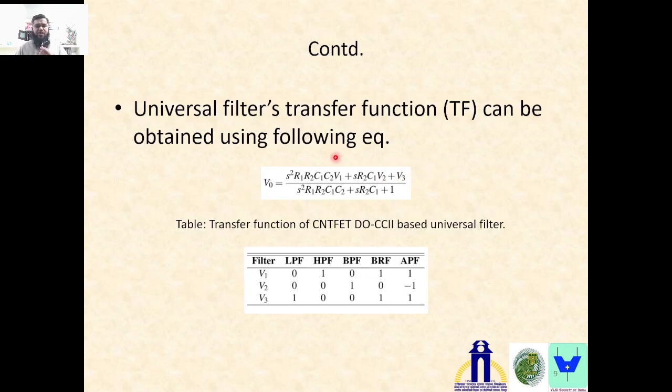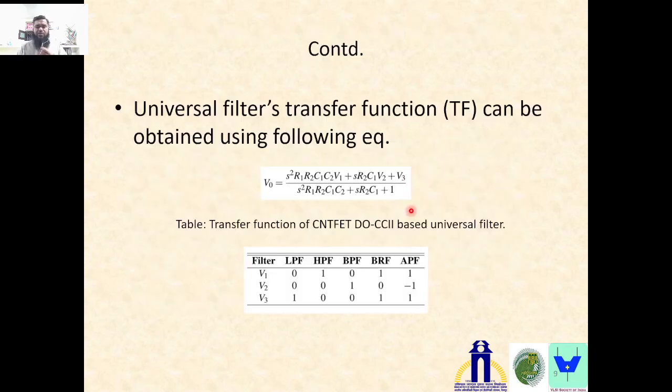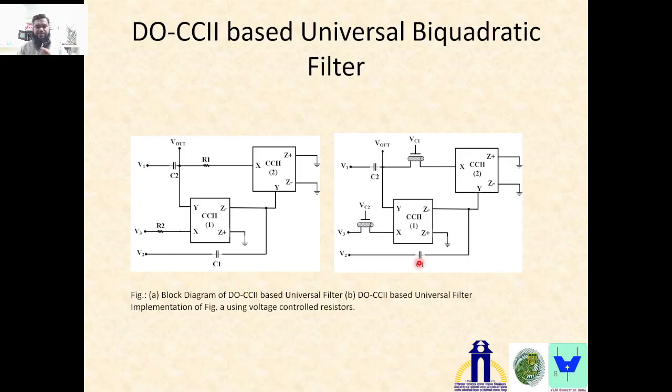This equation provides the transfer function for this circuit, and this table gives us how we can achieve low pass filter, high pass filter, band pass filter, band reject filter, and all pass filters from the same circuit.